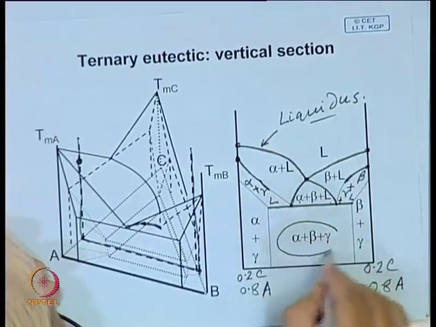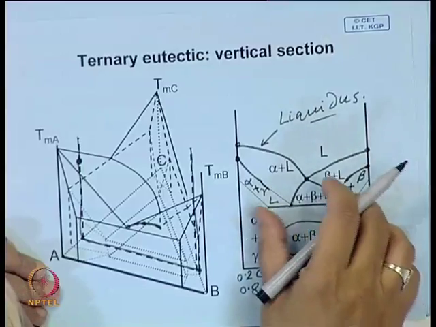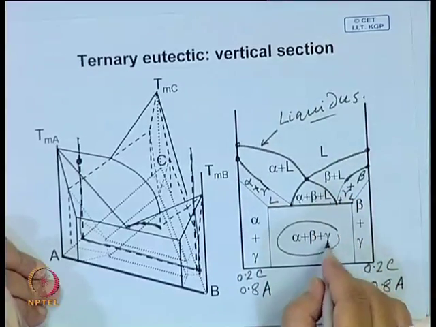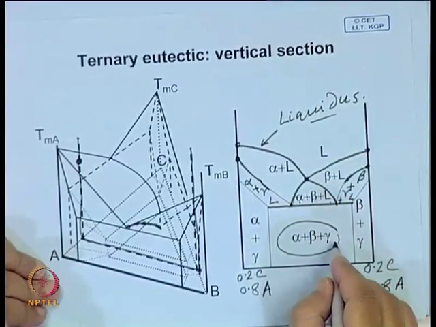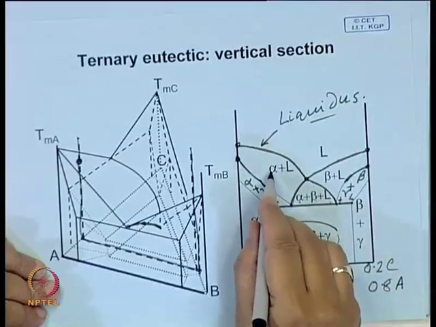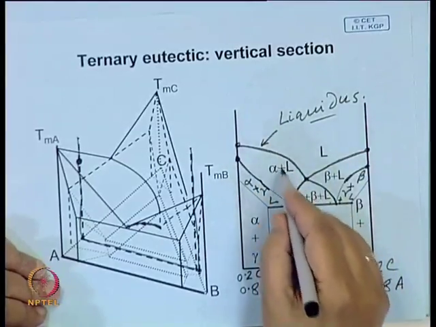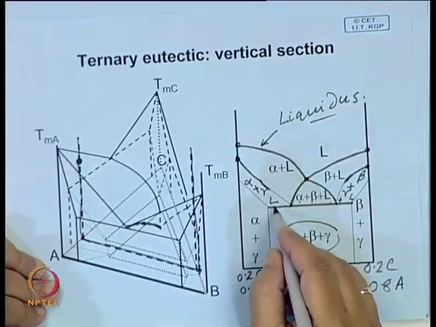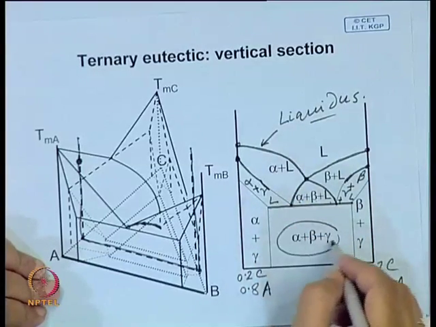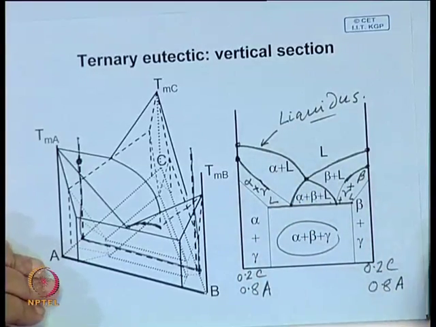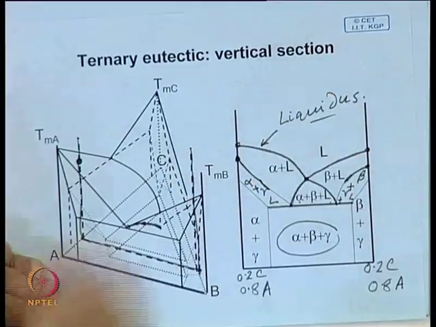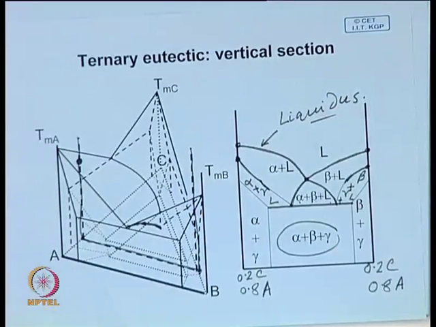After this, the remaining liquid will solidify as ternary eutectic, but you will have primary phases depending on where you are located. You will have some primary alpha, and also some binary eutectic and ternary eutectic. So, this is how it is possible to construct both horizontal and vertical sections of a phase diagram.